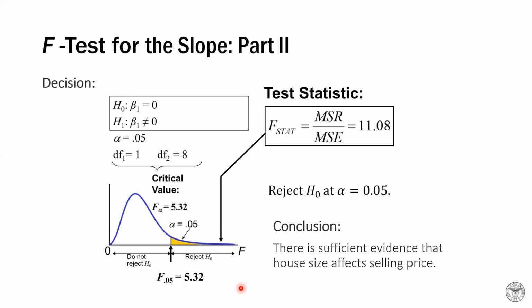We obtained the f-test statistic from the previous slides, which is 11.08 and larger than the critical value 5.32. Therefore, we reject the null hypothesis and conclude that there's sufficient evidence for the linear relationship.